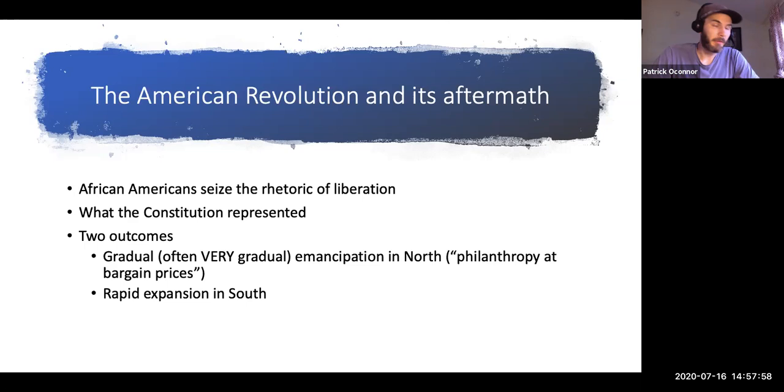And I think a big part of the reason for that has to do with some of the class dynamics that I was talking about last week. For the white working class in the northern states after the American Revolution, people who increasingly were drawn into a global capitalist market, working to earn wages, living their lives on a razor's edge, free African Americans became an easy target for their vitriol, for their hatred of economic competition.